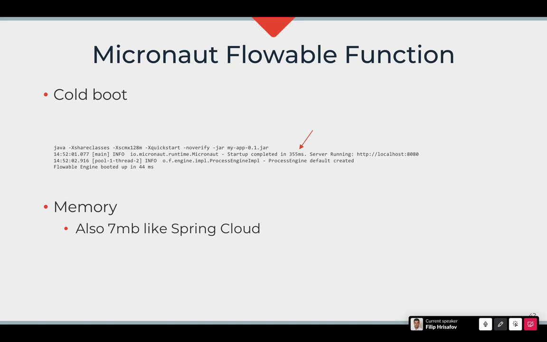There are also use cases that you can't really do with Micronaut, more around the dynamicity that you can do with Spring Boot. But in the end, the difference is quite interesting to see: we could boot up a full REST server with Flowable within 355 milliseconds, and that's quite impressive. The memory usage is also the same, 7 megabytes, like we were seeing with Spring Boot.